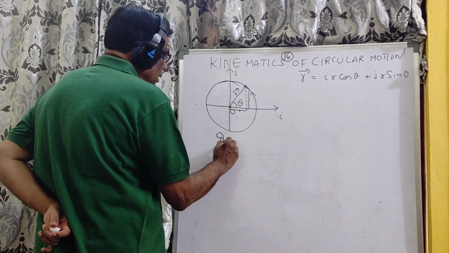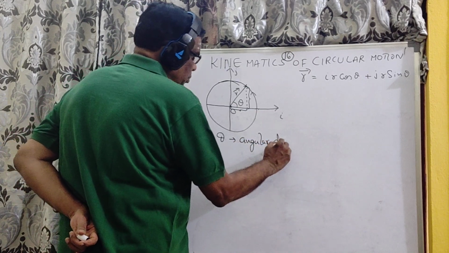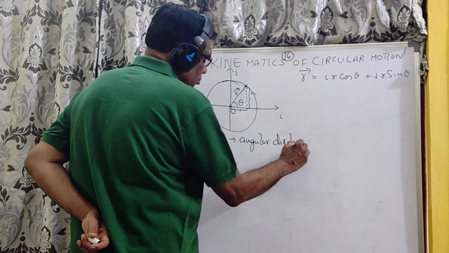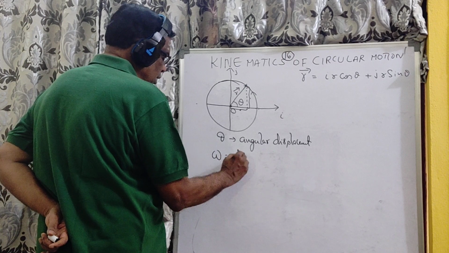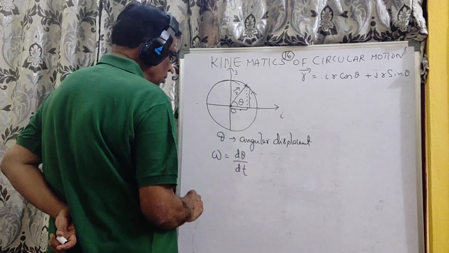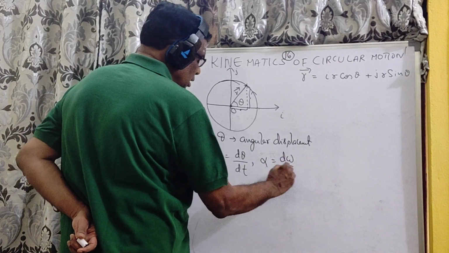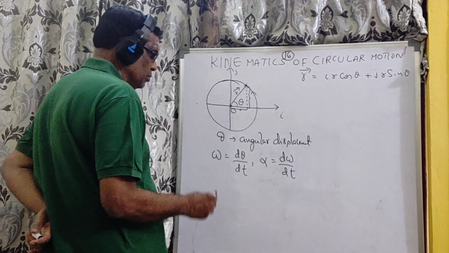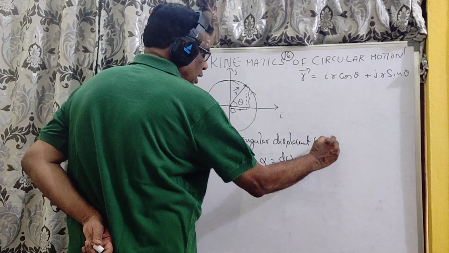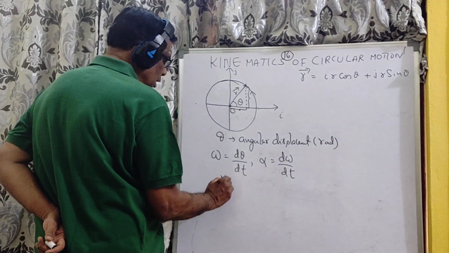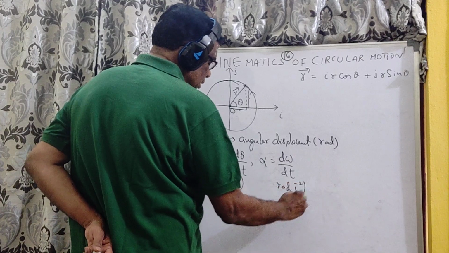Therefore, I'll write it here: theta is angular displacement or position. Omega is d theta by dt. Angular acceleration is d omega by dt. This is generally given in radians. This is in radian per second. This is in radian per second square.